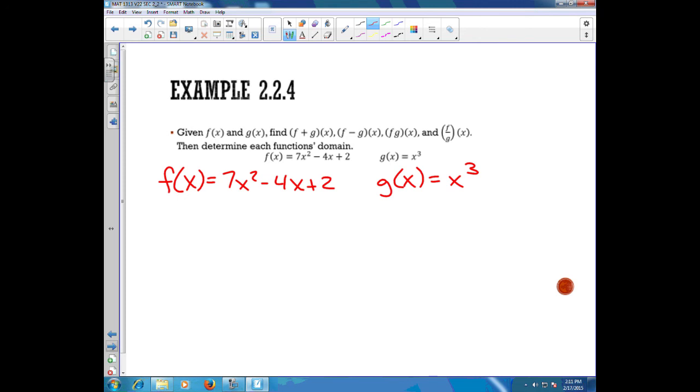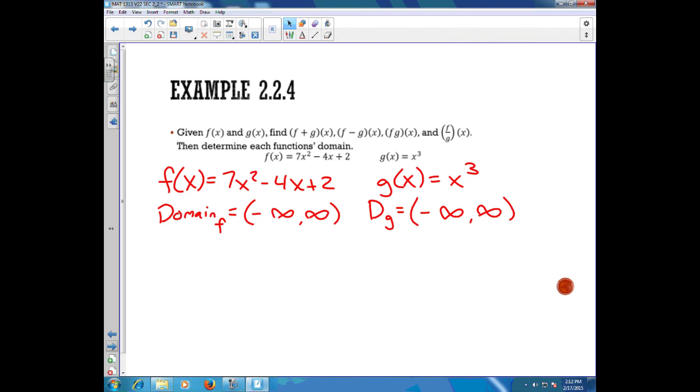Remember that when you're looking for the domains of functions, you can't have 0 in the denominator, and you can't have a negative under a square root. If we look at these two functions, there are no denominators and there are no square roots, and so the domain of f is minus infinity to infinity, and same for g, minus infinity to infinity. So we have the domains for each of our functions individually.